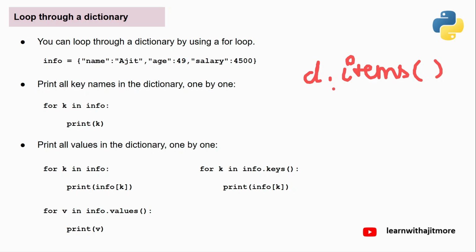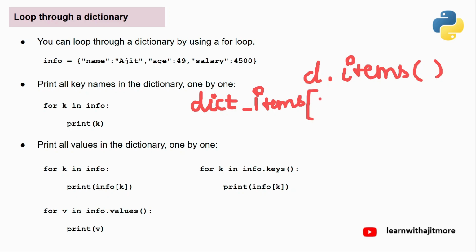So dictionary dot items is one method. Now this will also return one iterable, and that iterable will be of type dict_items. Understanding? Dict_items. Just as this gives dict_values, and this gives dict_keys, in the same way this will give an iterable of dict_items.